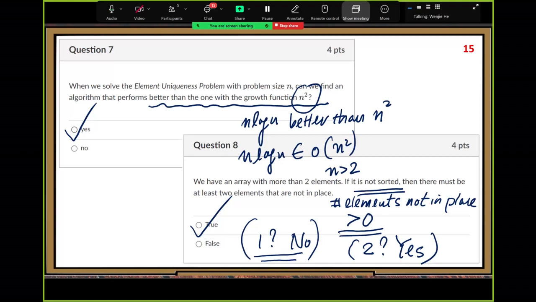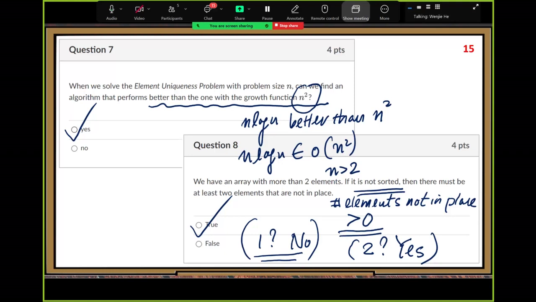So for this question, you need to know several things. Although it's not very hard, you need to do some simple analysis here. Try to understand this question well, because I will give you a similar question in the midterm, based on this one, about the number of elements not in place.